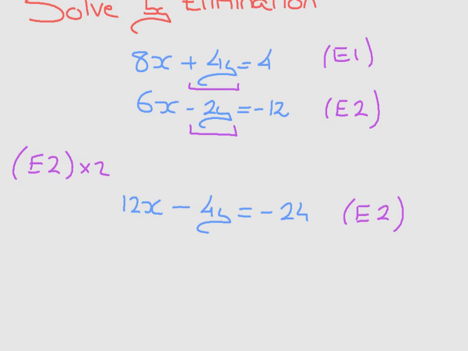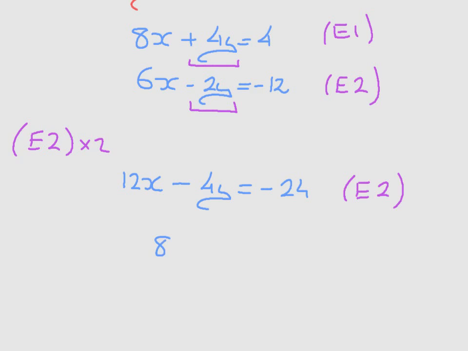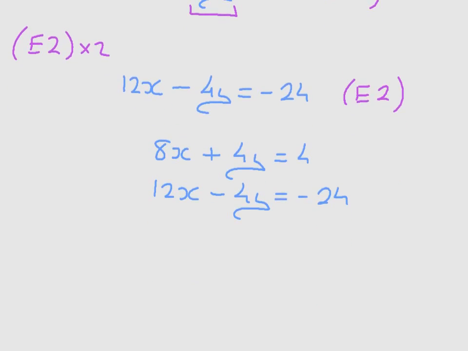Now, we can rewrite our pair of simultaneous equations as 8x plus 4y equals 4, and 12x minus 4y equals negative 24. That's E1 and E2.